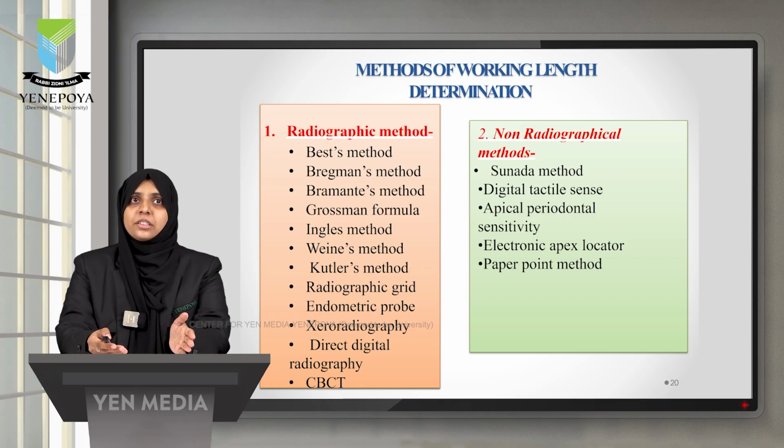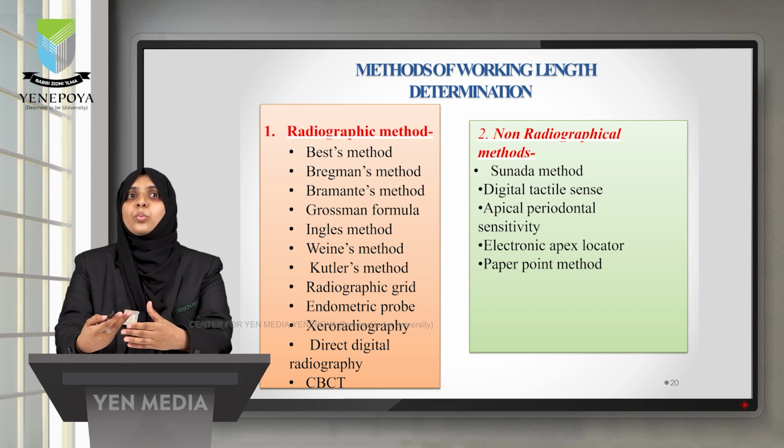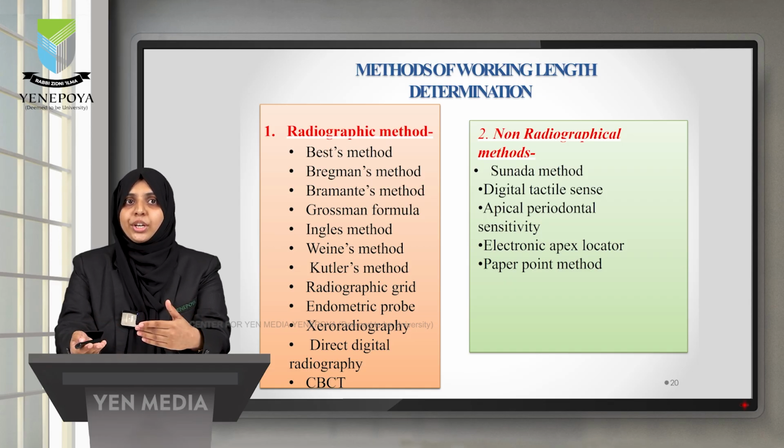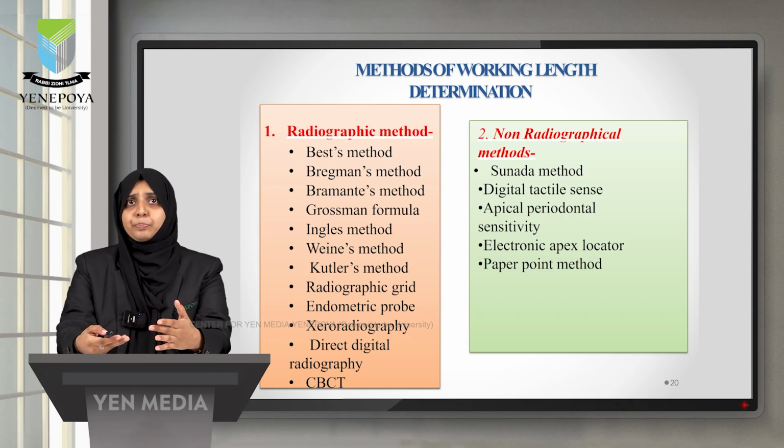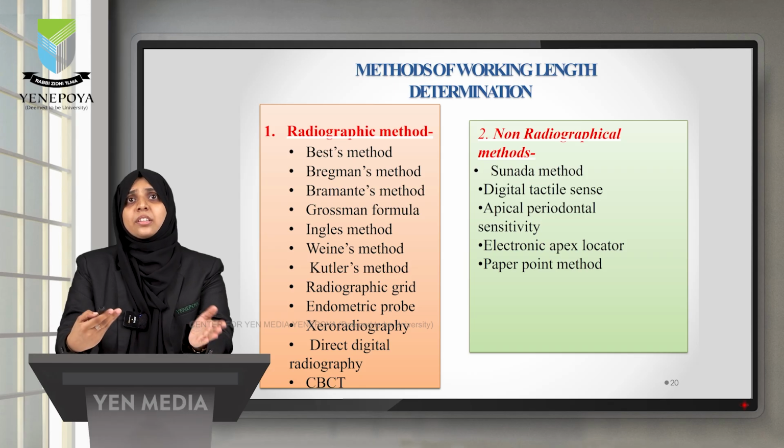The radiographic methods include Best method, Bregman's method, Bramtius method, Grossman's formula, Ingalls method, which is the most widely used method, and Wayne's method, wherein in cases of resorption we use this method, and Cutler's method, which signifies the major and the minor apical diameter, and then radiographic grid, endometric probe, xeroradiography, direct digital radiography, which includes RVG and phosphor imaging system, and then CBCT, which is a three-dimensional radiographic system.